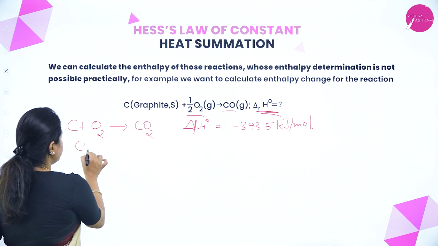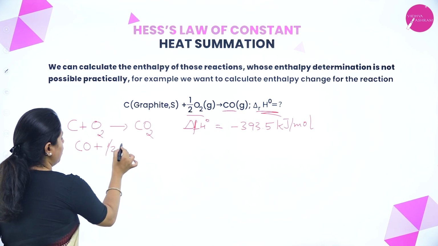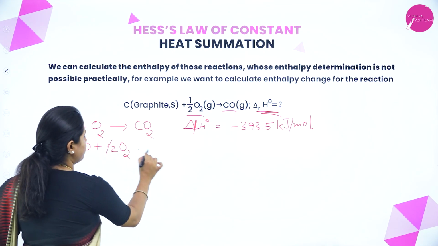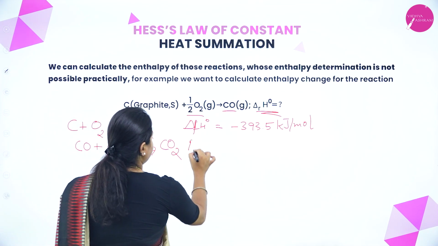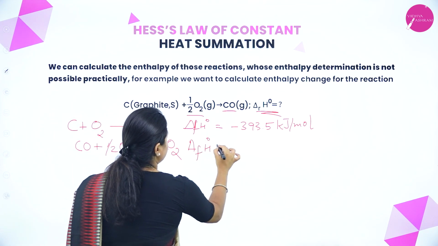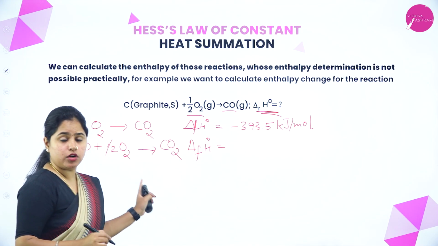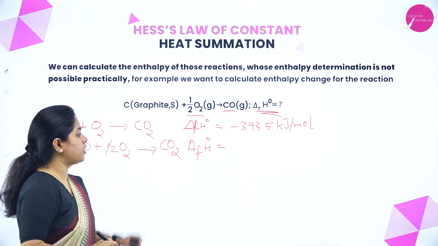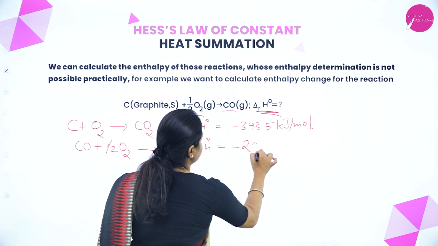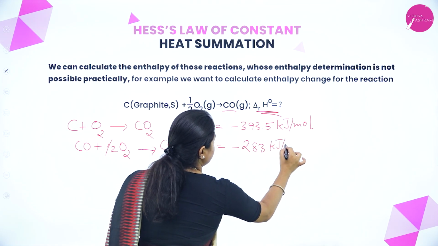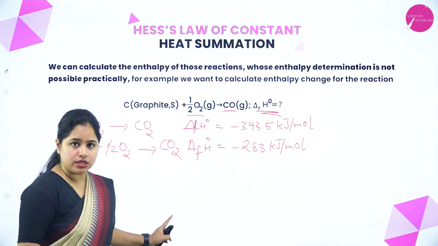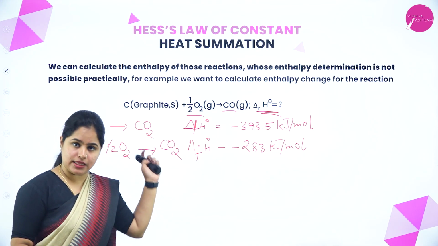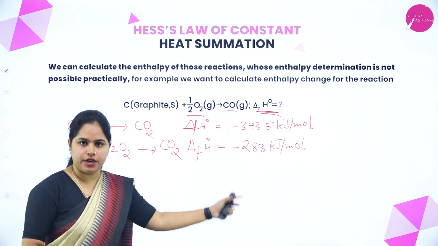Now carbon monoxide can combine with half O2 and form carbon dioxide, and this is another reaction. The enthalpy of formation of carbon dioxide in this reaction is minus 283 kilojoule per mole. So these two reactions' enthalpies we already know.